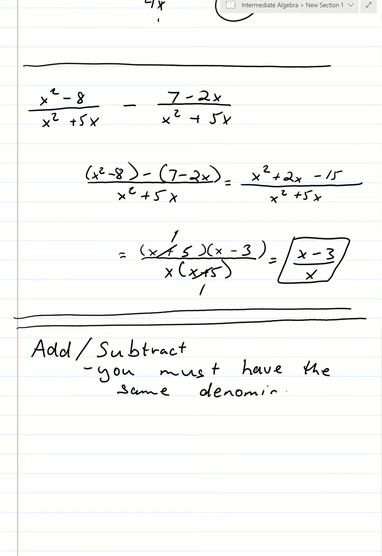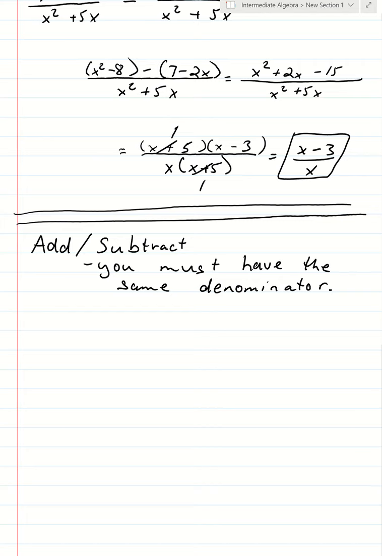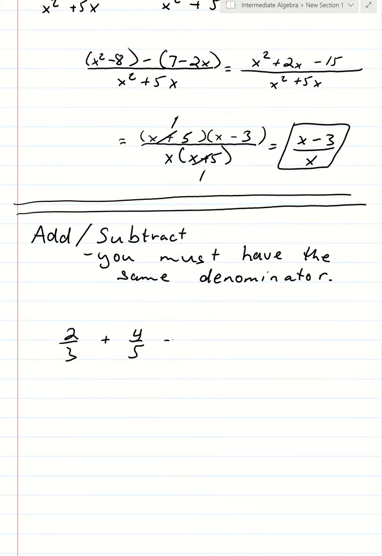Now, let's take a look at a numerical problem, and let's recall what we had to do back when we first learned how to add fractions of a numerical nature. For example, let's take 2/3, and let's say we want to add 4/5, and then we want to also subtract, let's say, 1/6.